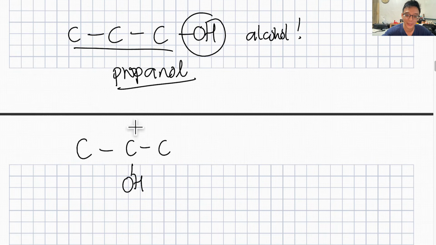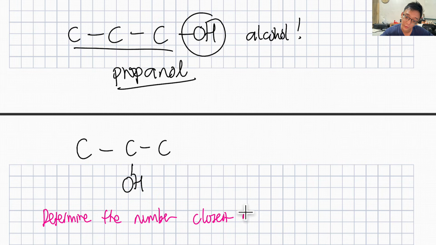So how can we name this? What's the difference between the first drawing and the second drawing? It is the location of the OH group. In this case, we need to determine the number. So we need to number the carbon atoms closest to the OH functional group. In the first drawing, this would be closest to the functional group, 1, 2, 3, so right to left.